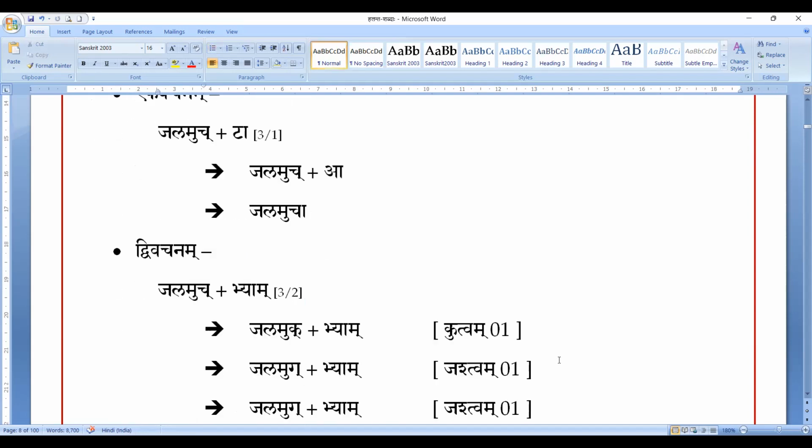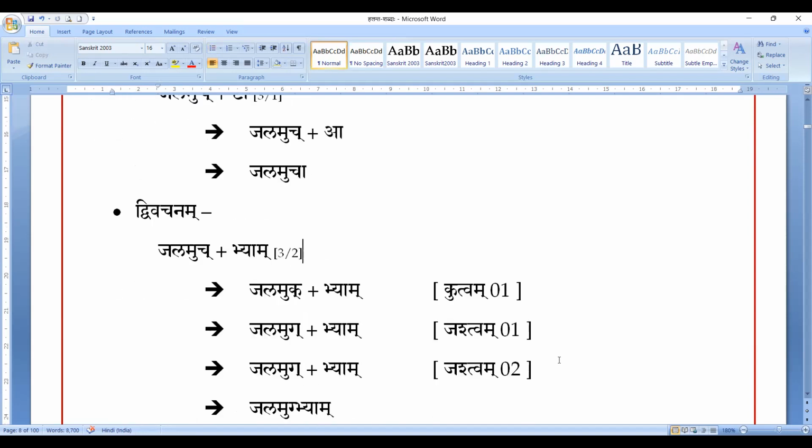Then what will happen? Jalamuch plus bhyam. Here I told you, when bhyam, that is 3 to 3, 3, 4 to 4, 3, 5 to 5, 3, then the pratipadikam enjoys the status of a padam. Therefore, jalamuch plus bhyam, you can apply kutva sandhi number 1, that is choh kuh, jalamuk. Then you apply jashtva sandhi number 1, jalam jashonte.